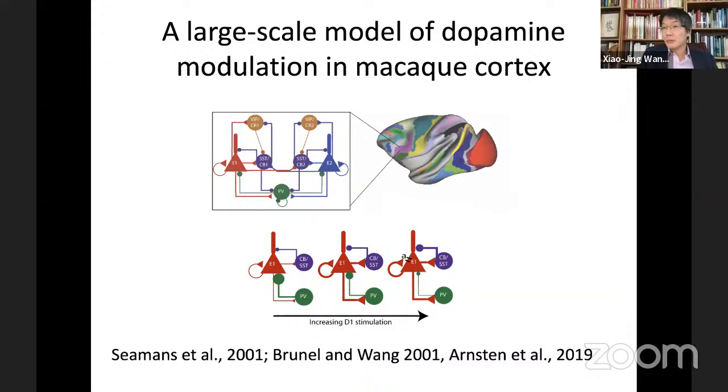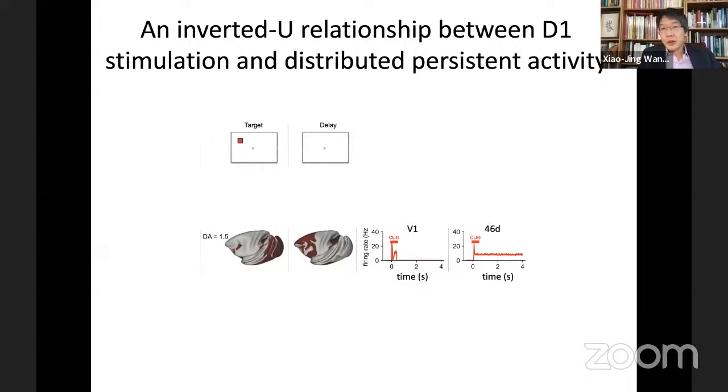This is one simulation where you see the activity map during the stimulus presentation, followed by a delay period. During the stimulus presentation, the activity is mostly confined to the posterior part of the cortex, but during the delay period, when the input is gone, the persistent activity that encodes working memory is mostly in the frontal areas, the anterior part of the cortex.